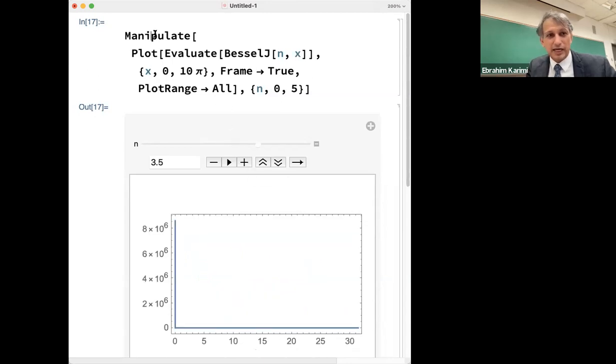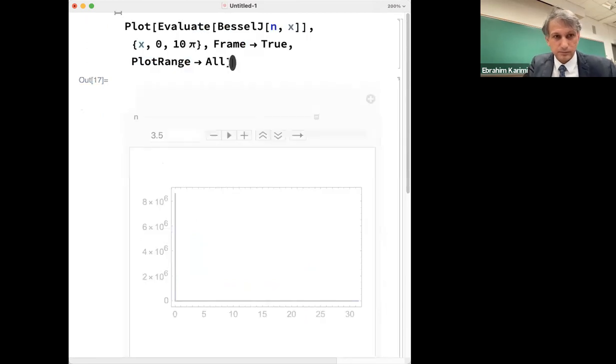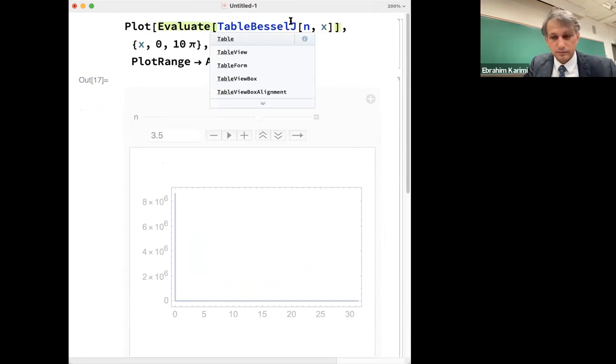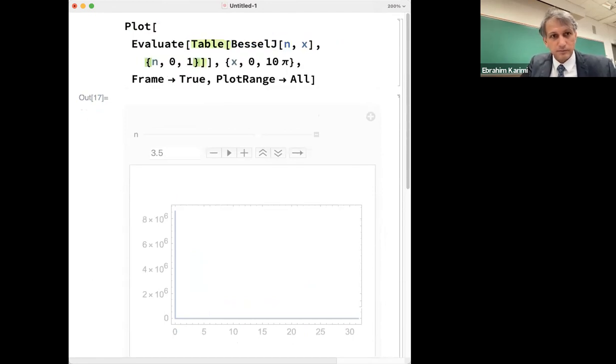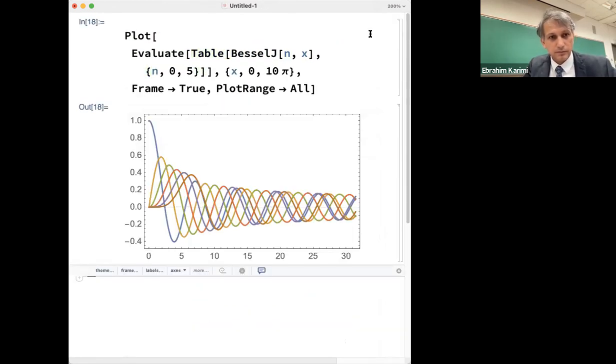So let's do that. I'm looking at the plot of that. That's what happens with the Bessel functions of 0, 1, 2, 3, 4, 5. So you have 6 Bessel functions.